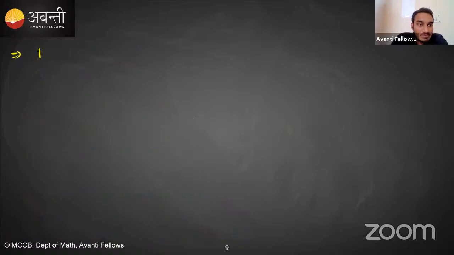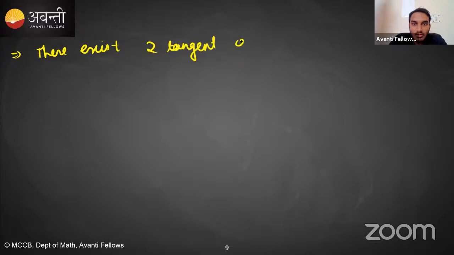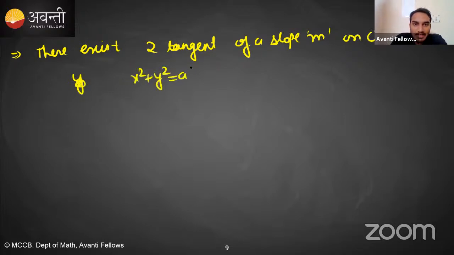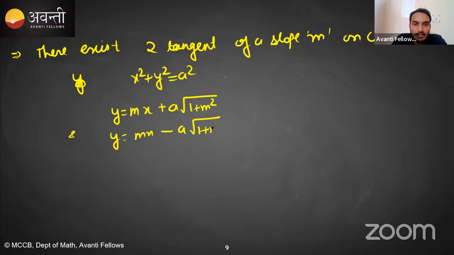So there exist two tangents of slope m on the circle x² + y² = a², and those tangents are y = mx + a√(1 + m²), and y = mx − a√(1 + m²).